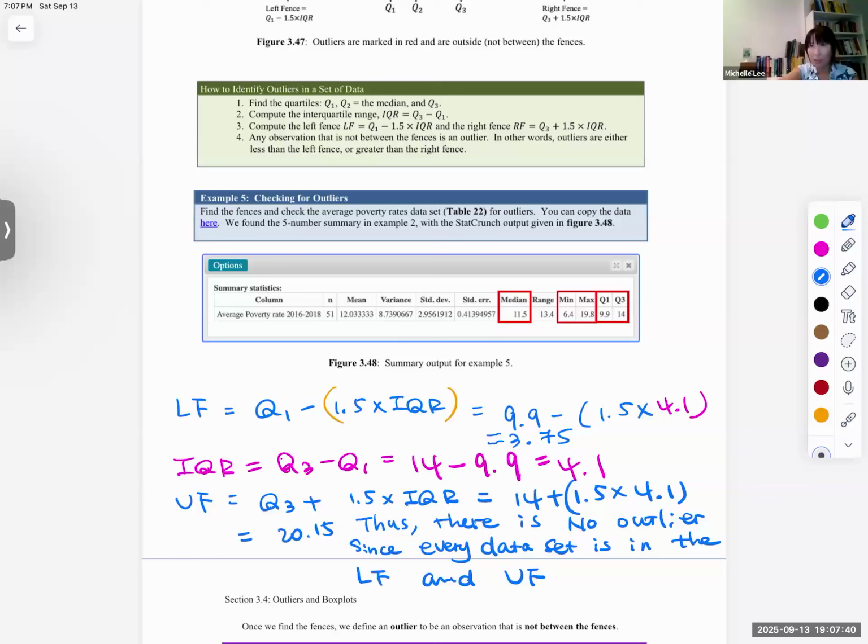I thought I had paused. All right, so thus there is no outlier since every data value is between the lower fence and upper fence.